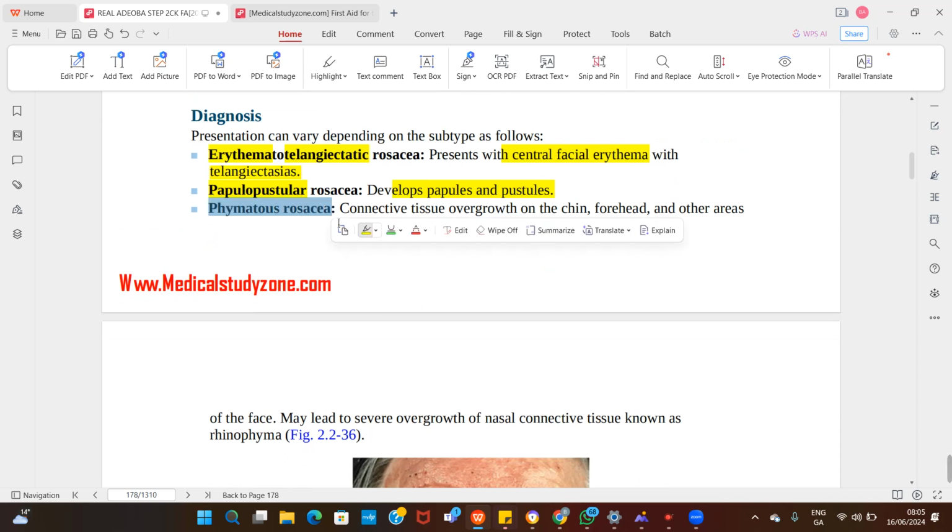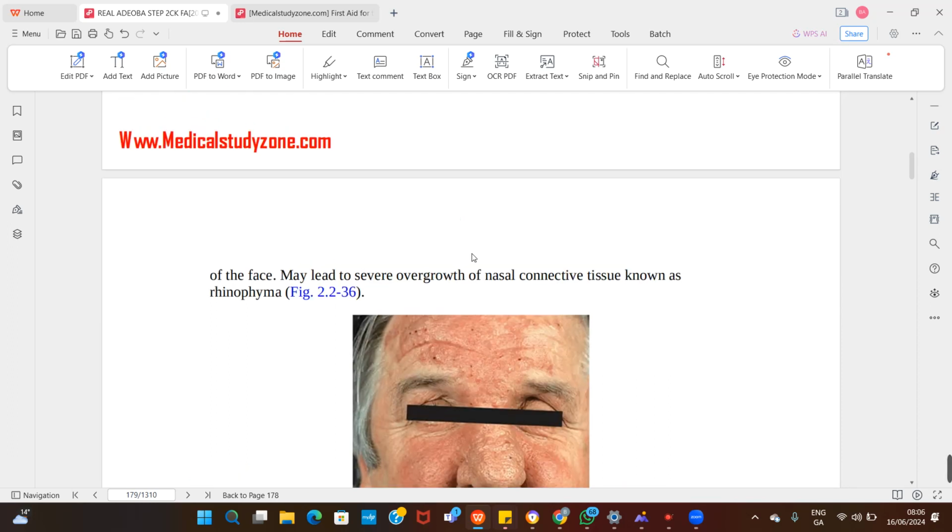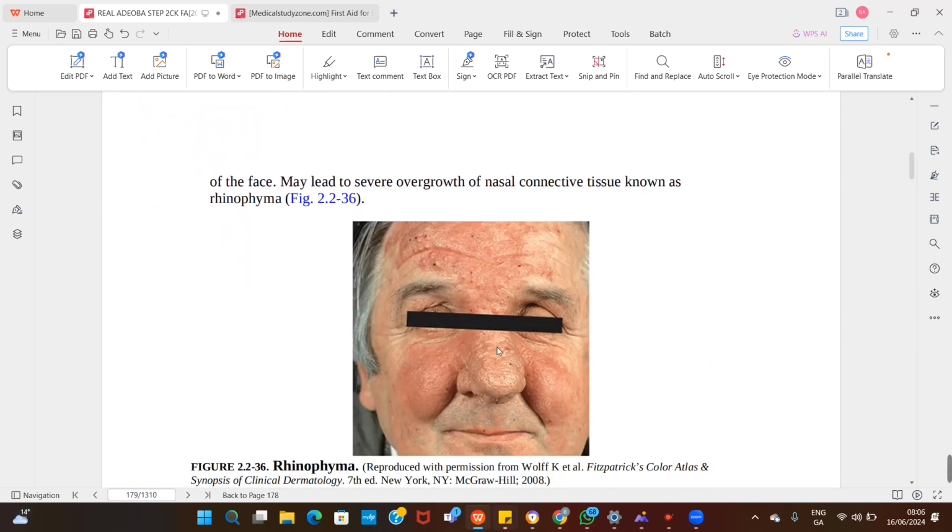Then we have the phymatous rosacea. So this phymatous one is just talking about thickening of the skin due to deposition of fibrous tissue. So the sebaceous gland, the skin, they all look dilated, bulbous, and thickened. So especially in the nose, look at this man's nose now. It looks bulbous. It looks big.